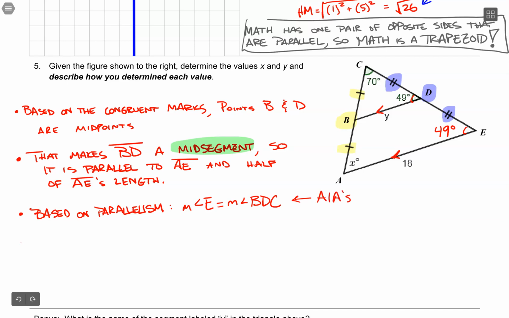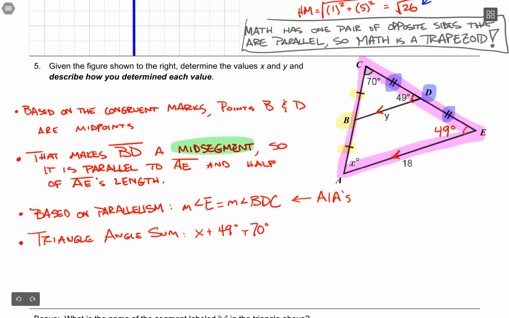Okay, next thing I'd like to use is the triangle angle sum. That means what I have in this big triangle, I have x plus 49 plus 70 has to be equal to 180 degrees. That gives me a value of x at 61 degrees.